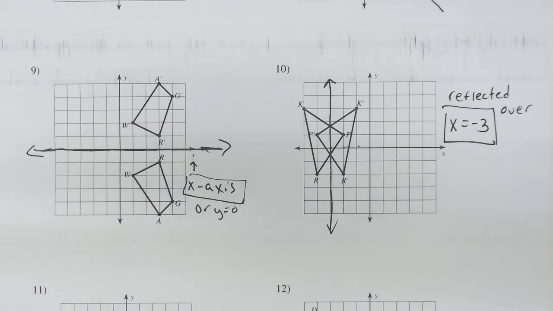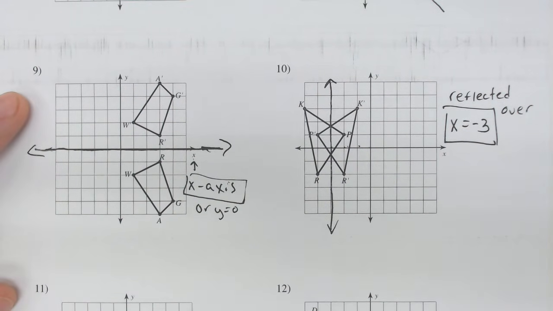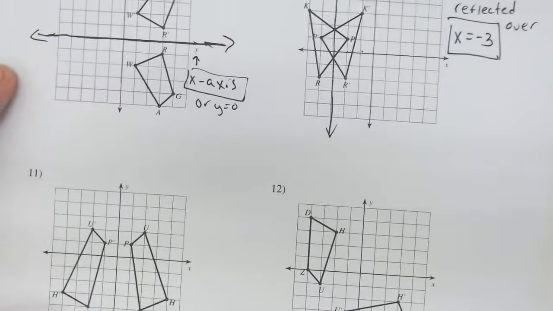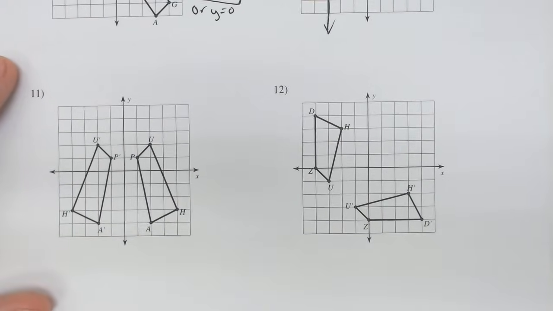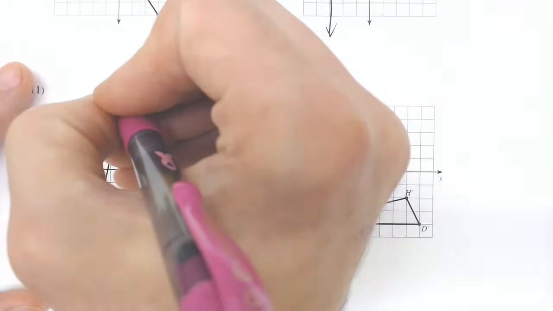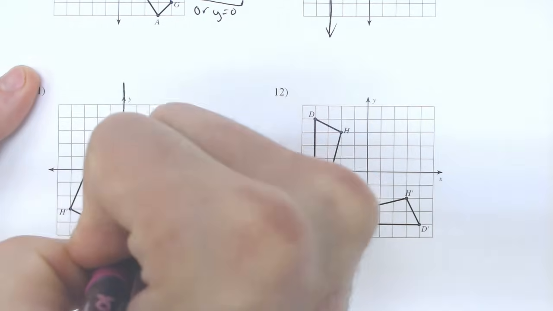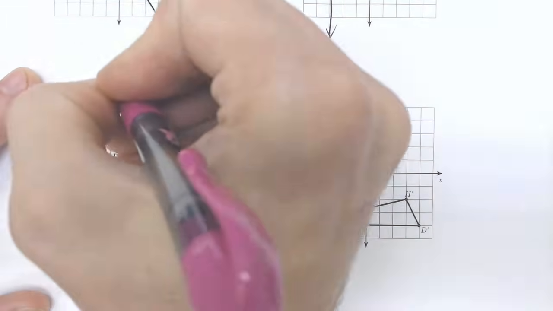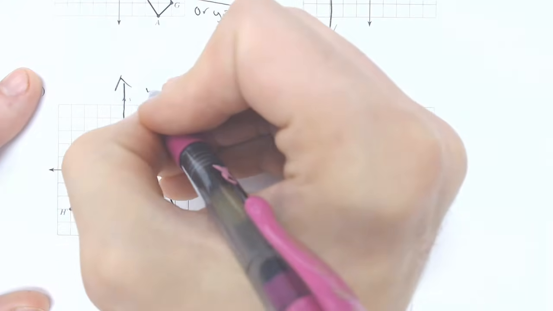Technically, I should have been putting reflected over on all of these answers, but it's not that big of a deal if you understand that you were reflecting all this time. And might as well do the last two as well. This one, it is reflected right here down the middle. And that is across the y-axis, so that is where we were reflected over.